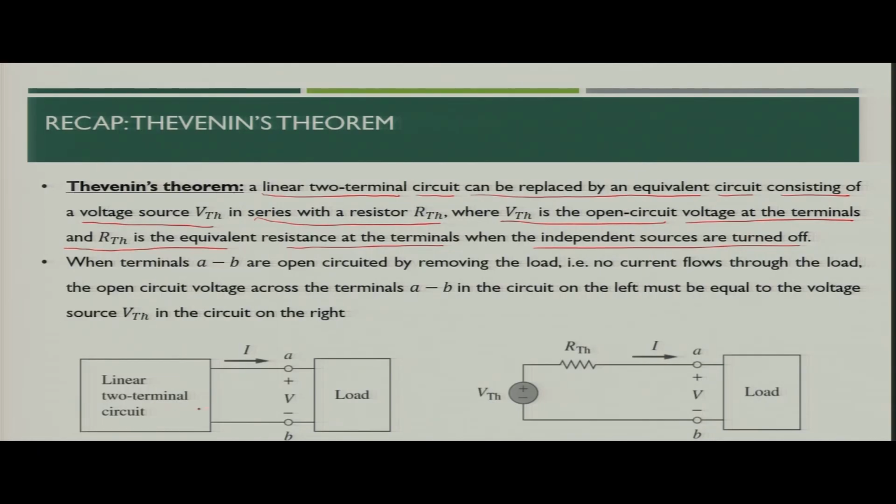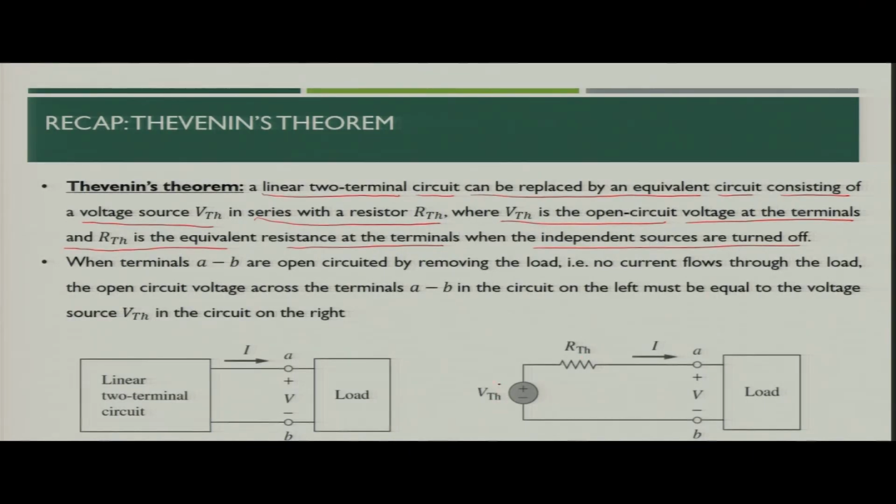So, what we discussed is that if we have a fairly large circuit and we want to study the load connected across two terminals, then the circuit which is to the left of the nodes A and B can be replaced with the voltage and resistance shown in the figure.